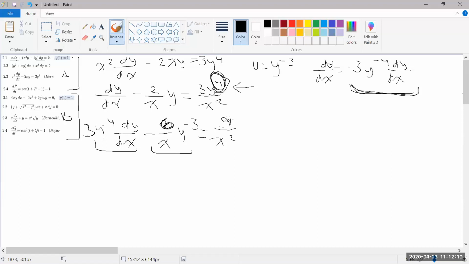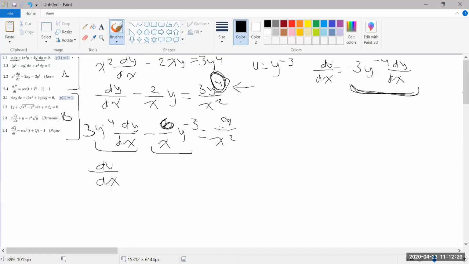I have my 3y to the negative 4th dy/dx, so that's du/dx.